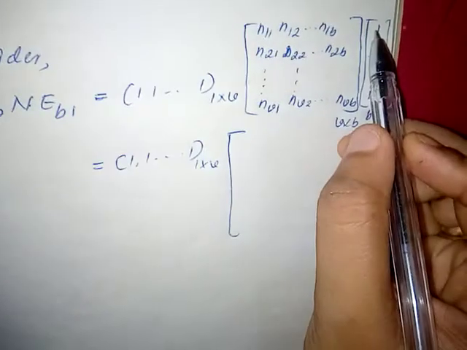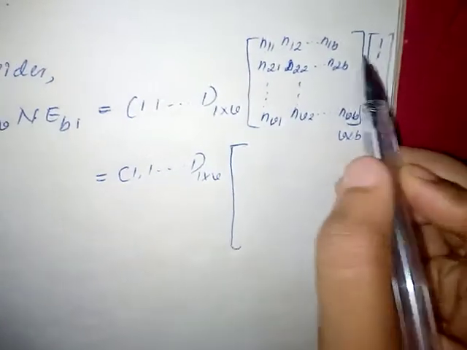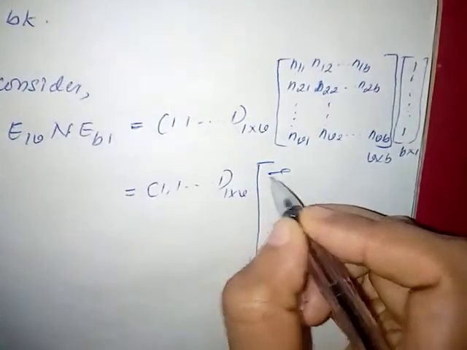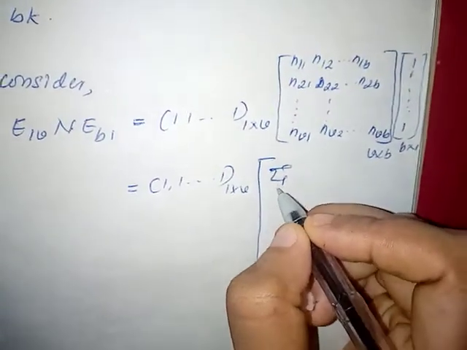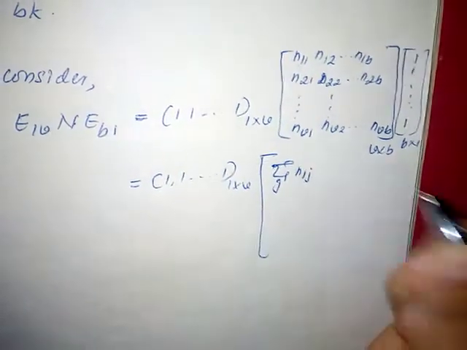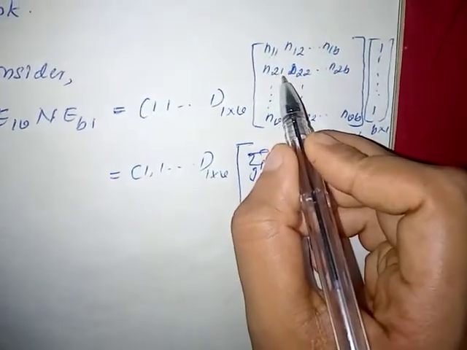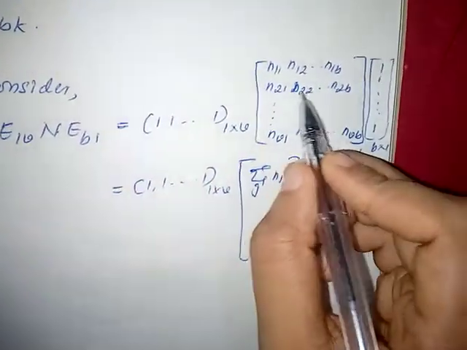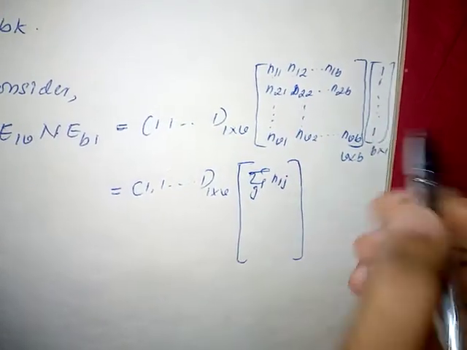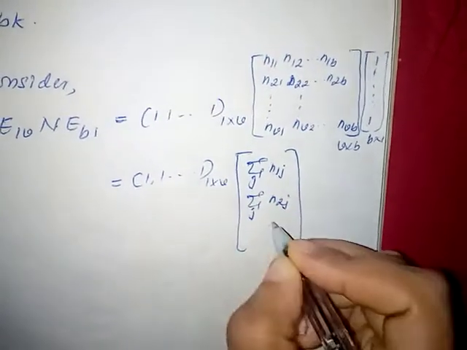N11 into 1 plus N12 into 1 plus so on N1b into 1, right? That is summation over j of N1j. Similarly, the next row N21 into 1 plus N22 into 1 so on N2b into 1, that is summation over j of N2j.